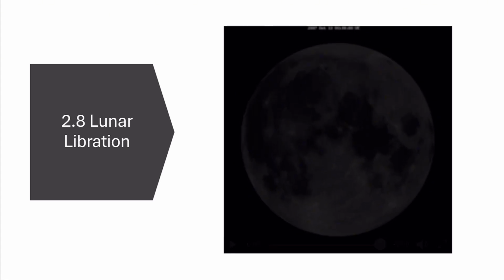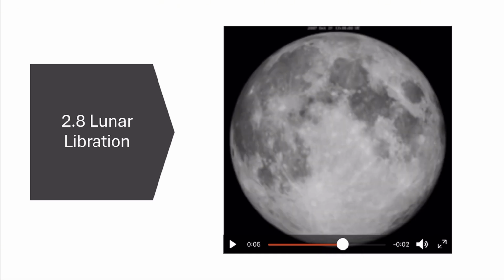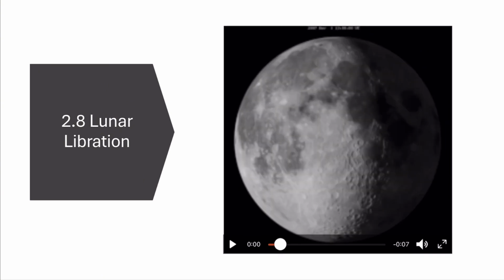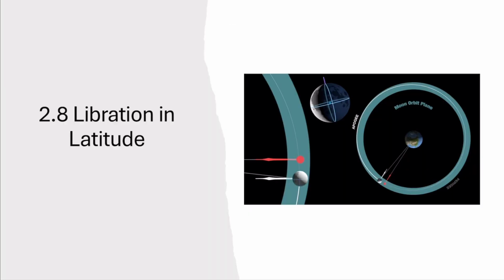As you can see, the moon sort of wobbles around, and different parts of it are in different positions, though only slightly, and we're going to look at what this is caused by. So first, there's libration in latitude. This is caused by your position on the Earth's surface changing where you view the moon.